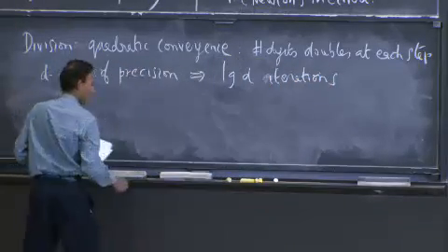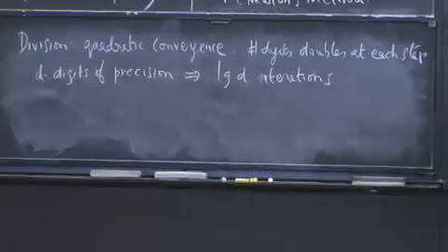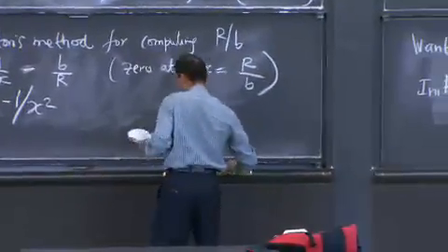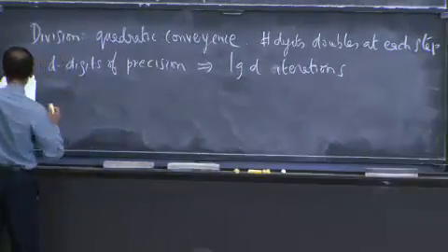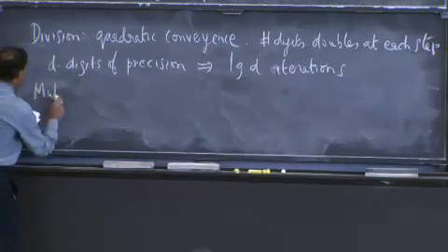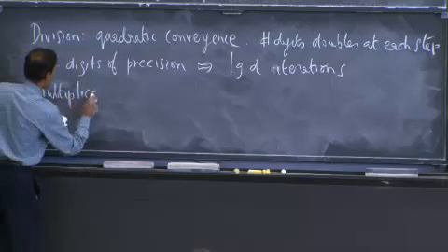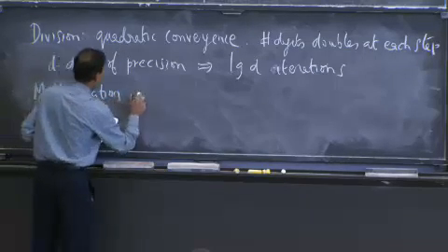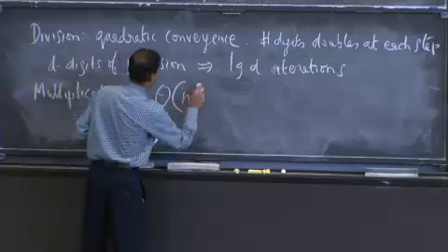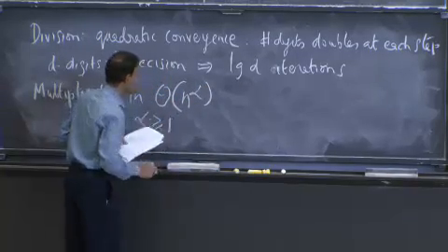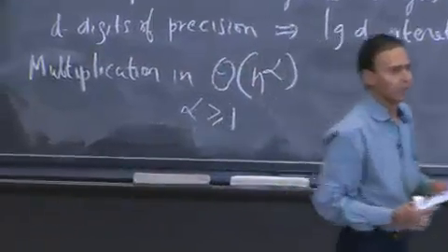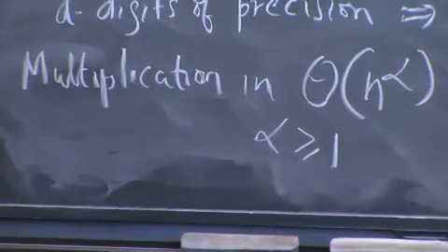Now let's say that we have a particular algorithm for multiplication. Since we have so many different algorithms, I'm going to say multiplication takes theta of n raised to alpha time, where alpha is greater than or equal to 1. I just want to be general about it.